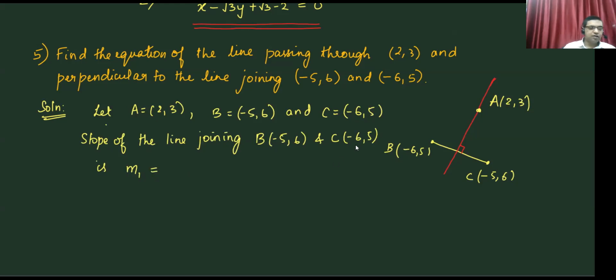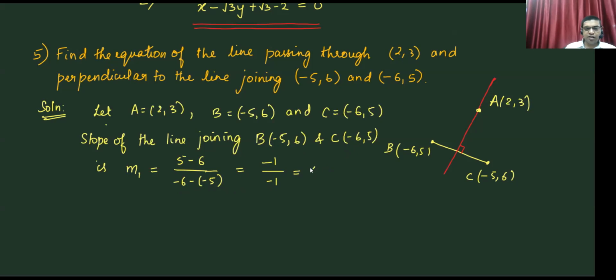M1 is y2 minus y1 by x2 minus x1, that is 5 minus 6 upon minus 6 plus 5, which is minus 1 upon minus 1.